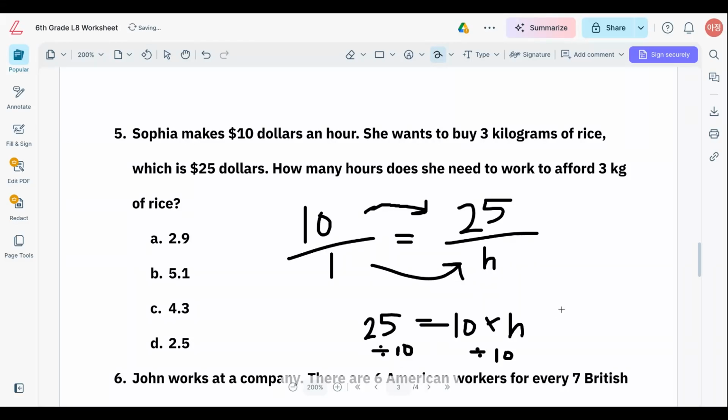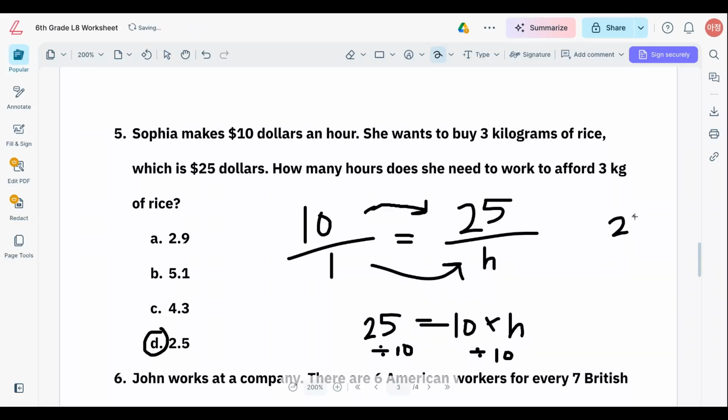And so if you do 25 divided by 10, an easy way to divide by 10 is just move 1 decimal place to the left, and that'll just give you 2.5. And so D would be the correct answer.